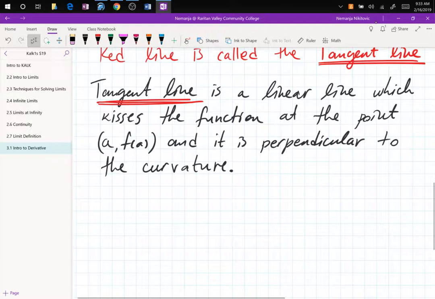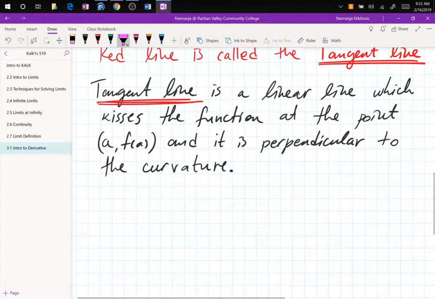First of all, the word kisses, and then the phrase kisses the function. We use that because the tangent line is touching the function at exactly one spot, right?